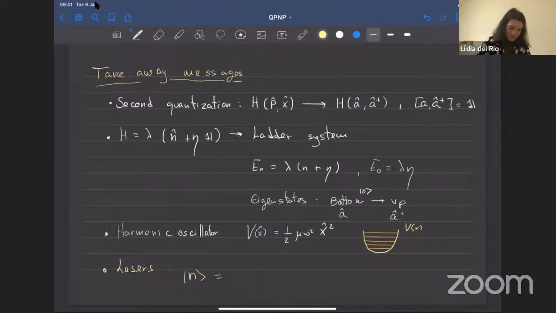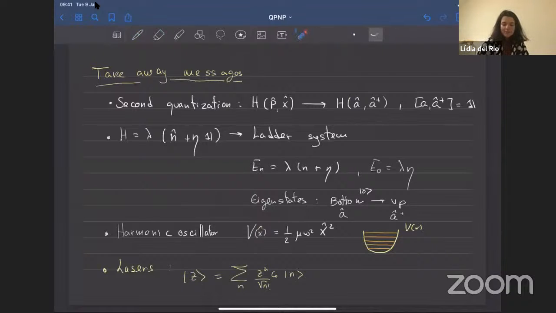So they can be written as a sum over n of some coefficient. Sorry, there's a typo in the lecture notes. This should be that. Of some coefficient. This coefficient here one can work out. For lasers, it's something like this.